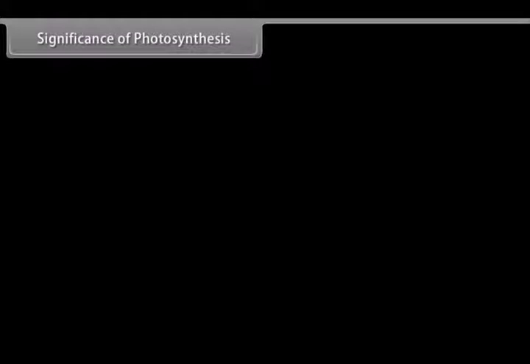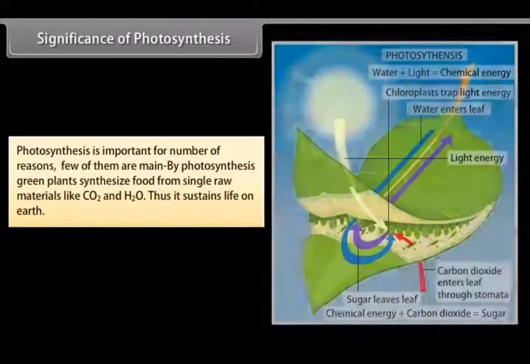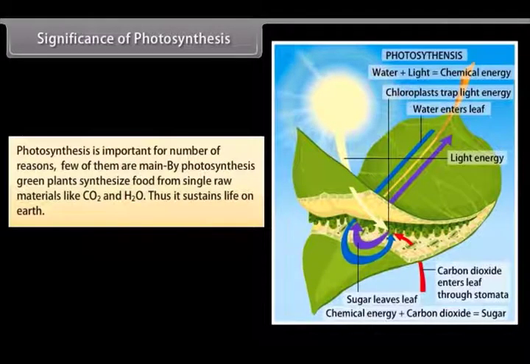Significance of photosynthesis. Photosynthesis is important for a number of reasons. A few of the main ones: By photosynthesis, green plants synthesize food from simple raw materials like CO2 and H2O. Thus, it sustains life on Earth.